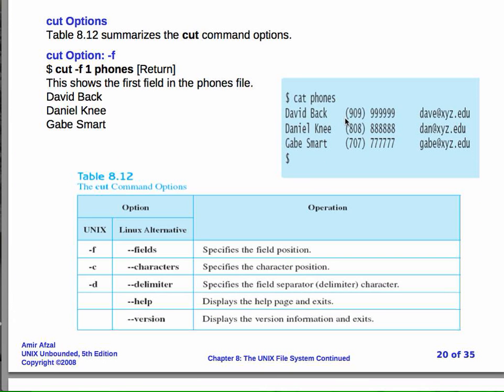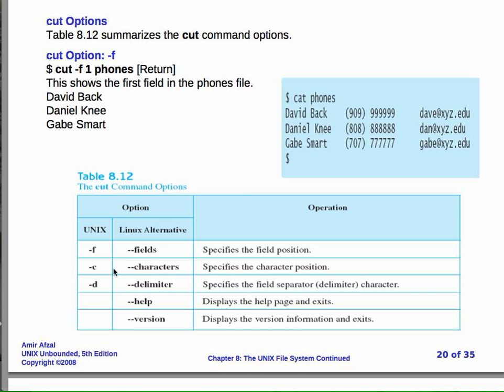You can change the default, but by default, it only works with tab characters. So this means that if you have a tab between the last name and the telephone number, then it tells cut that this whole thing is the first field. And similarly, if there's a tab over here, it says that this whole thing is the first field of the second line, and so on. That's why you would get something like this.